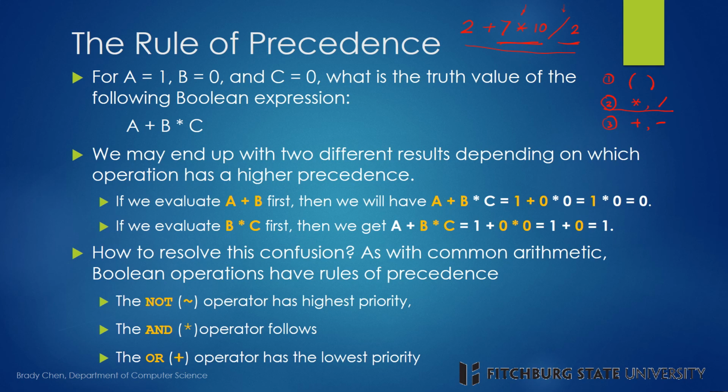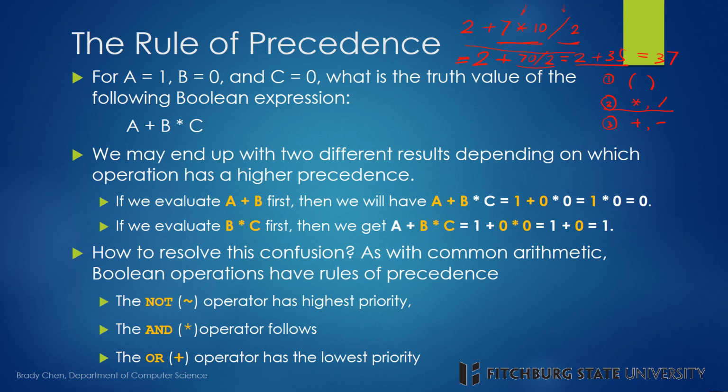Once you've done this, 7 times 10 is 70, divided by 2. The next step is to evaluate the division. So 2 plus 70 divided by 2, that's 35. Then we evaluate the addition, which is 37.